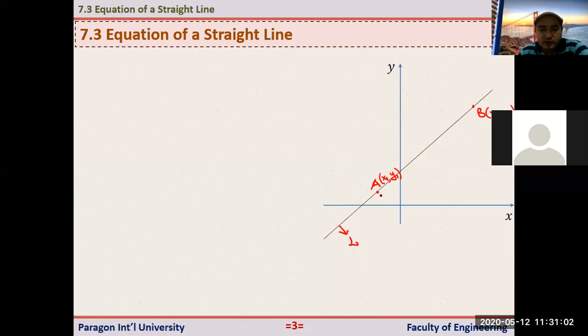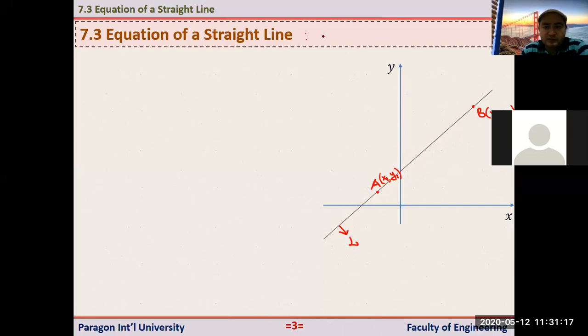Now the question is, if we are given a straight line and we know these 2 points, how do you write the equation of the straight line? What does it mean? It means that writing the equation of a straight line means we need to write an equation here.